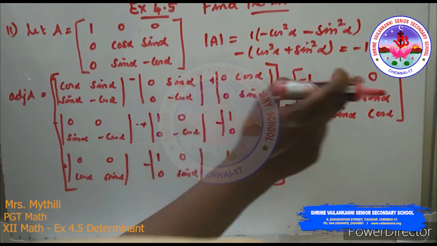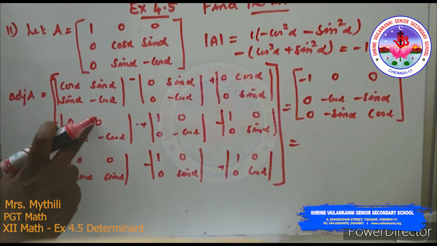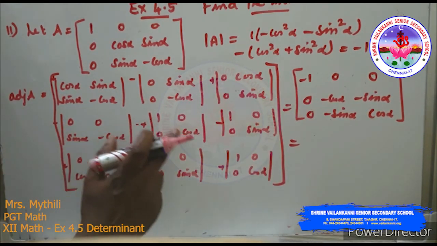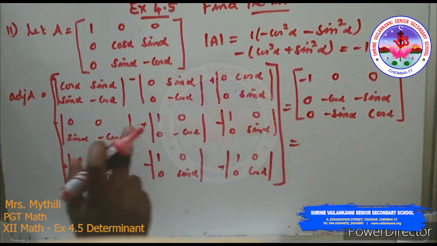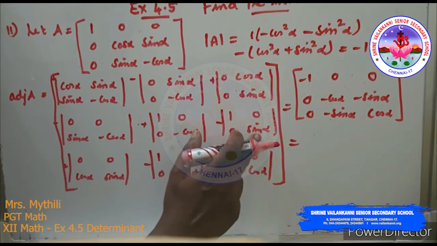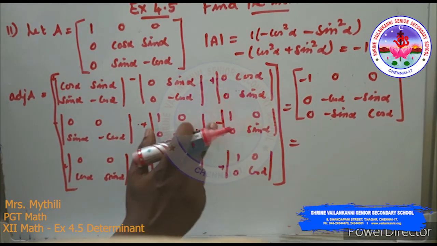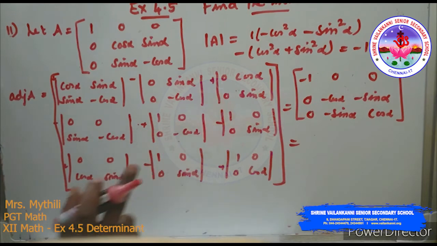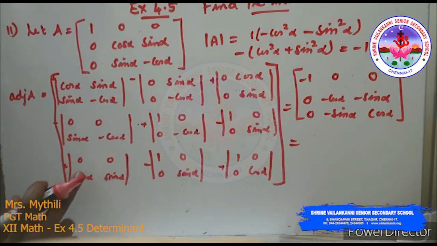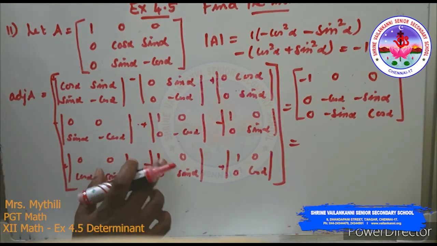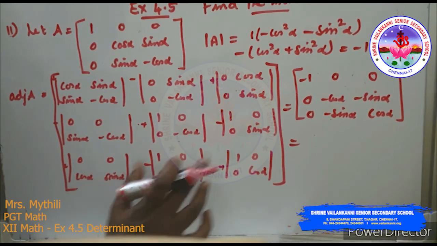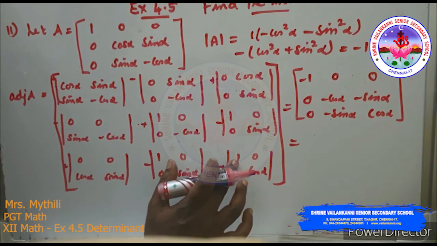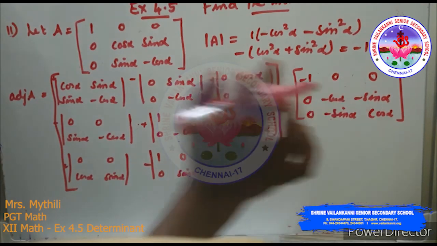Here also 0 minus 0 is 0. Here also 0 minus 0 is 0. Then 1 into minus cos alpha is minus cos alpha. Plus into minus is minus. Again 1 into sin alpha is sin alpha minus 0. Here we have minus, so it becomes minus sin alpha. Here 0 minus 0 is 0. Minus 1 into sin alpha is sin alpha minus 0, so minus sin alpha. Then 1 into cos alpha minus 0, so I have written cos alpha.